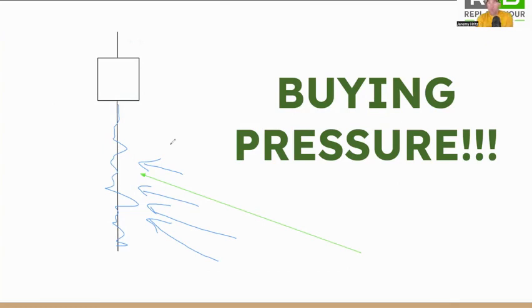But a simple exercise you could do is going through TradingView, pulling up a stock that you want to look at, find the hammers, see what happens with the candles after hammers. More importantly, pay attention to hammers at supports. What happens when you see hammers at supports, right? There's that buying pressure.